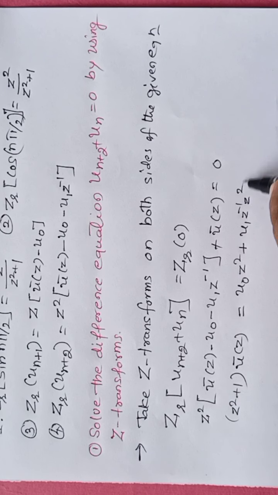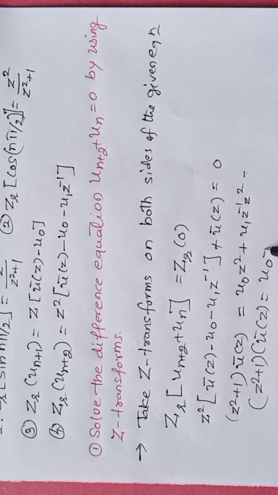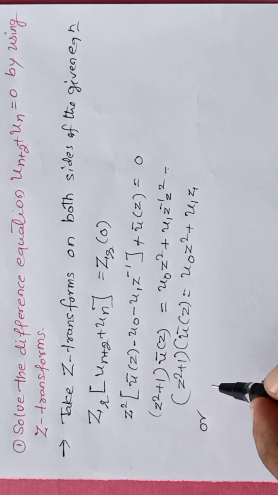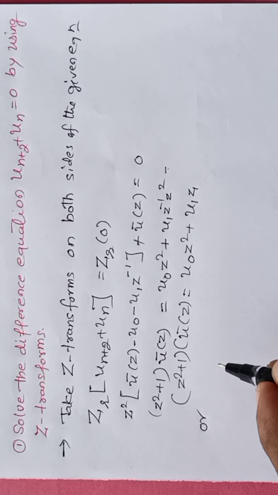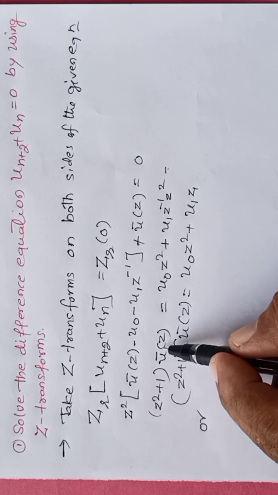So we can write z square plus 1 into u bar of z is equal to u naught z square plus z inverse into z square, which is nothing but u1 z.